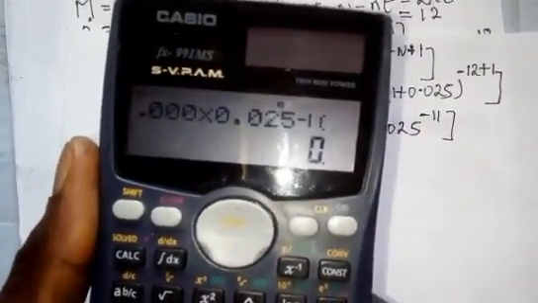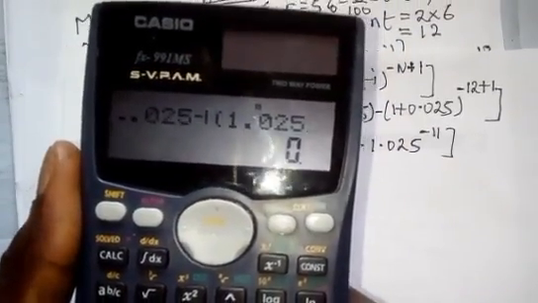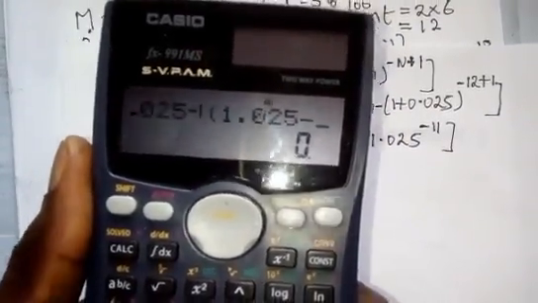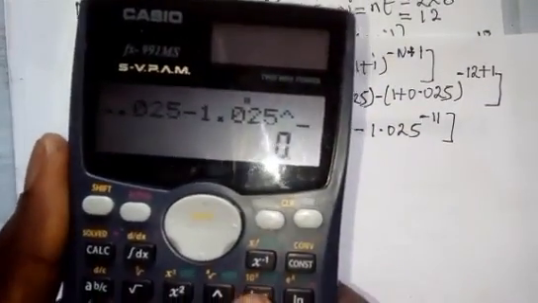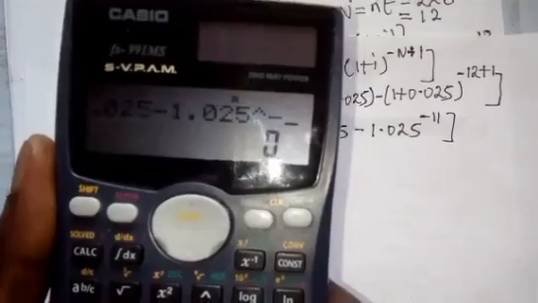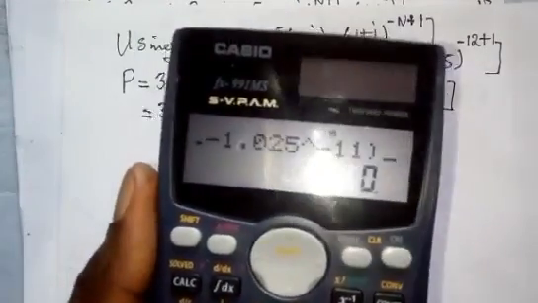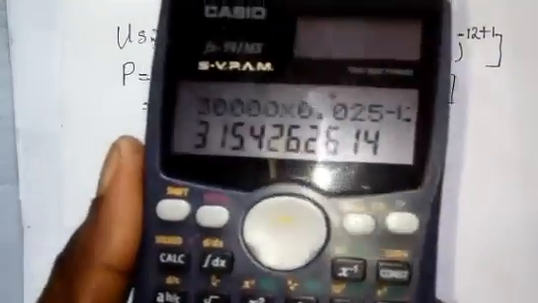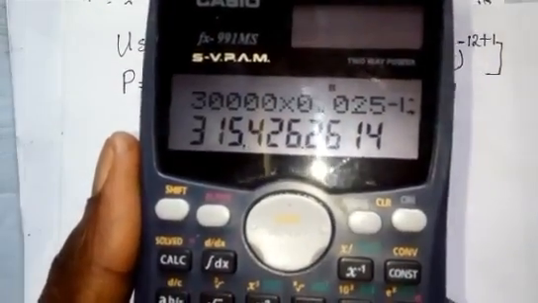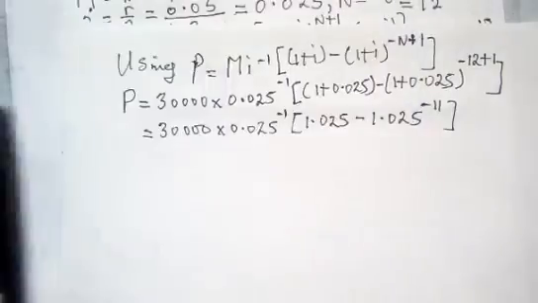Then we open bracket, then we have 1.025, then minus that same value, 1.025, then this time around we say power minus 11, then we close the bracket. Okay, so that is what we have. We can now press equals, and then we are going to have 315,426.26 naira, as you can see there.